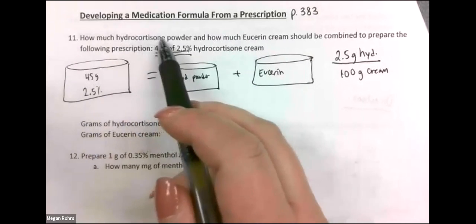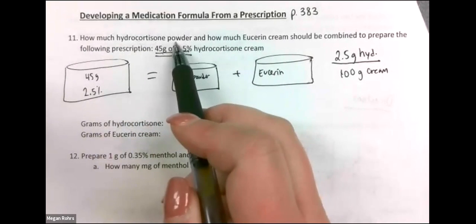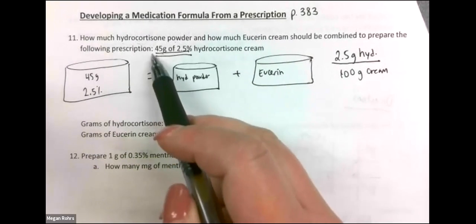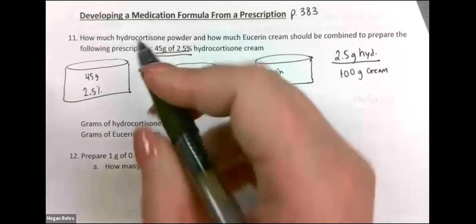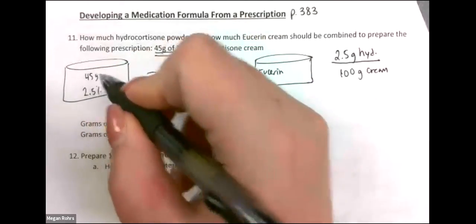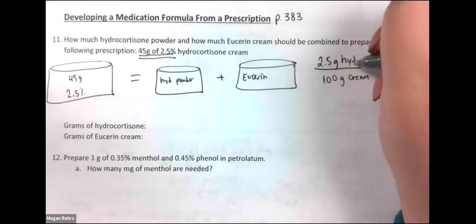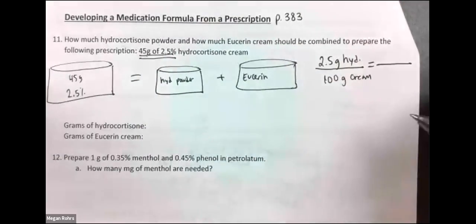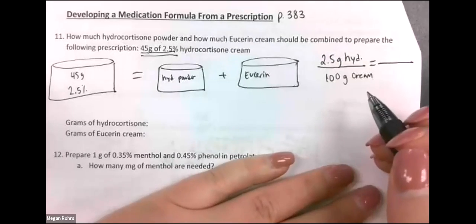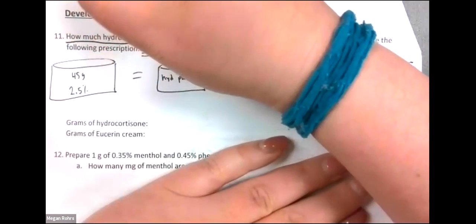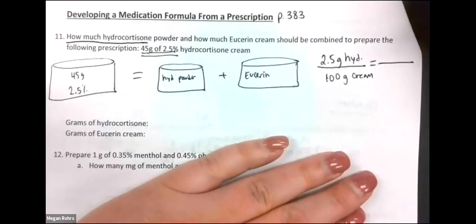It says how much hydrocortisone powder, we're going to focus on that first, should be combined to make 45 grams. So I know that I'm making a total of 45 grams of cream. If I'm setting this equal to 45 grams, think about what the question is asking: how much hydrocortisone is needed?